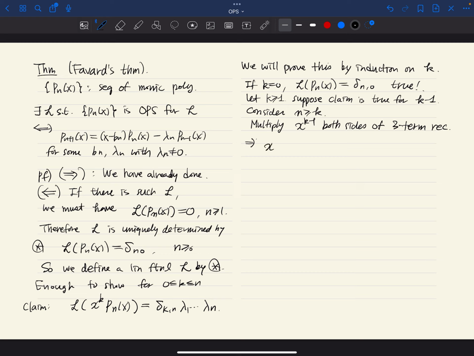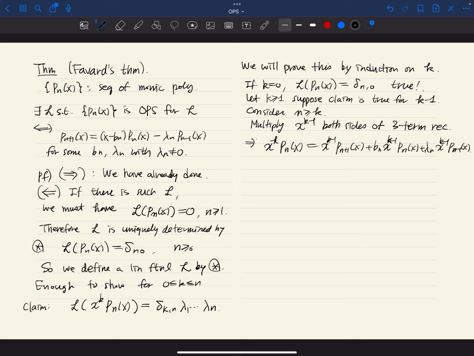I'm going to rewrite this equation: x to the k pn(x) equals, I leave this and move the other terms to the other side: x to the k minus 1 pn plus 1(x) plus bn x to the k minus 1 pn(x) plus lambda n x to the k minus 1 pn minus 1(x), right? So this is the same thing as this with x to the k minus 1 multiplied.